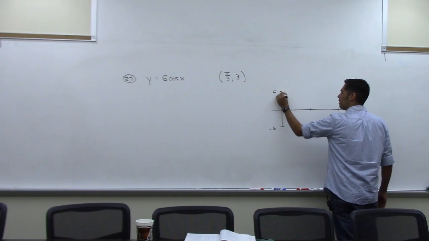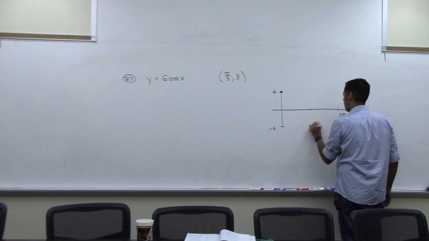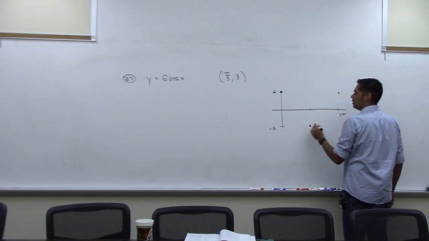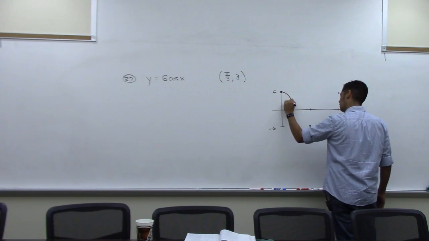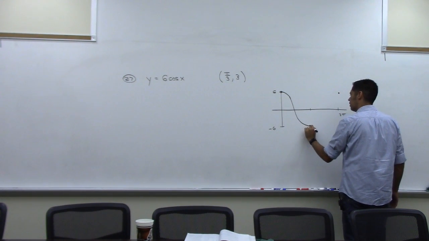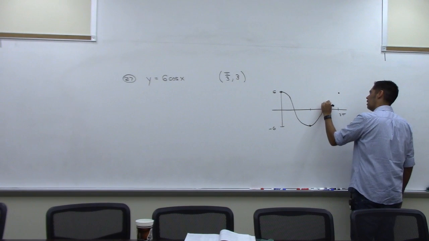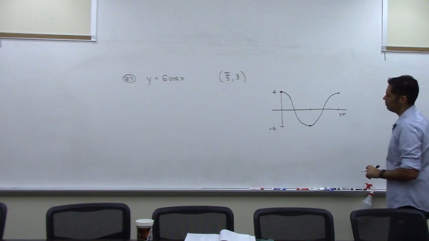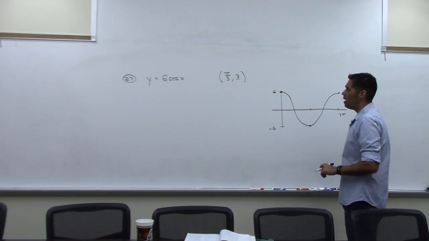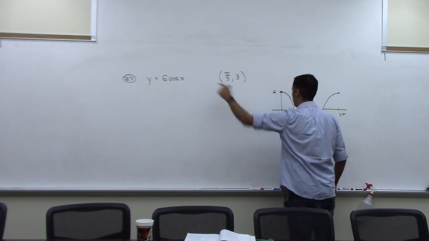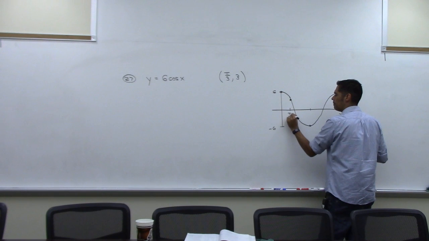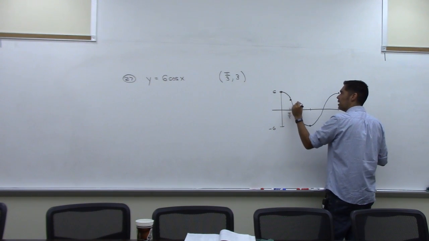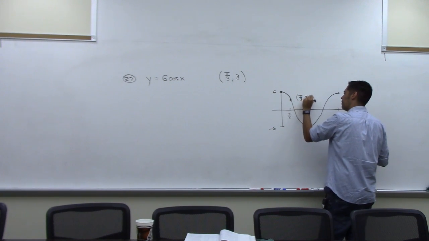It starts up here, ends up here, and does something roughly like this. Now, at pi over 3, if we plug it in, we get 3. So this is the point pi over 3, 3.